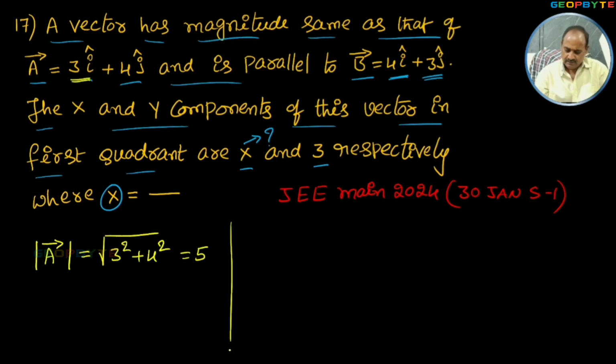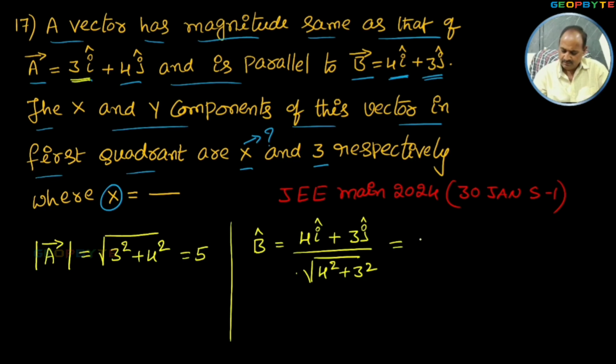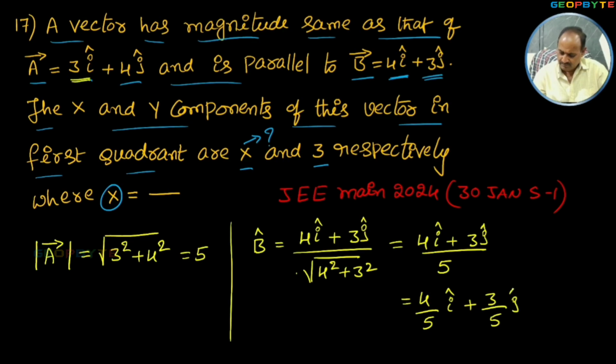Then the unit vector of B equals 4 i cap plus 3 j cap divided by root over 4 square plus 3 square, which is 5. So finally it is 4 by 5 i cap plus 3 by 5 j cap.